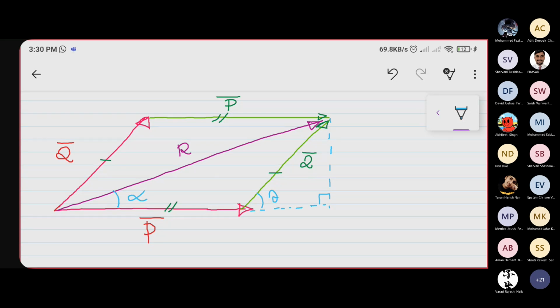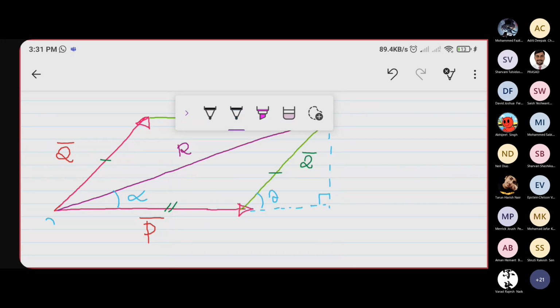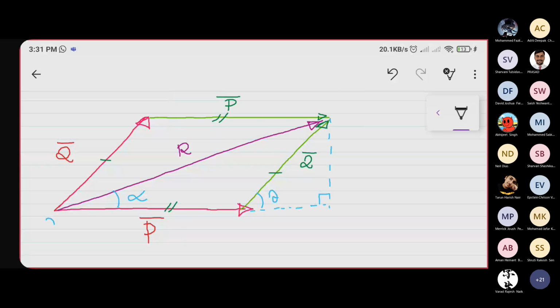Now I'll give names to this system: O, A, B, C and D.